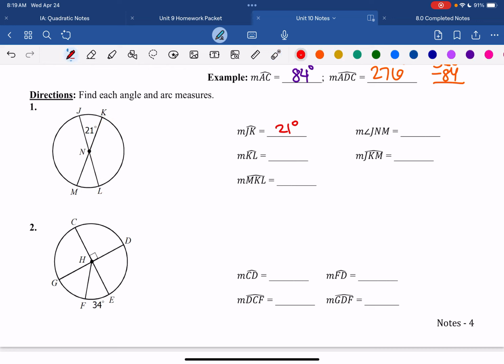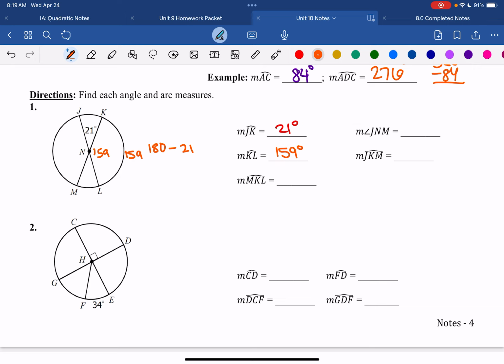Well, remember, half of a circle is 180. So we're going to do 180 minus 21. So I got 159. That means this angle in here is also 159.